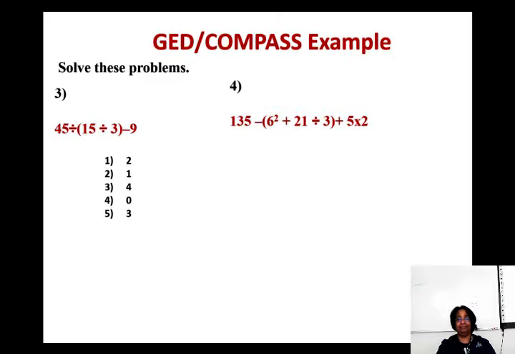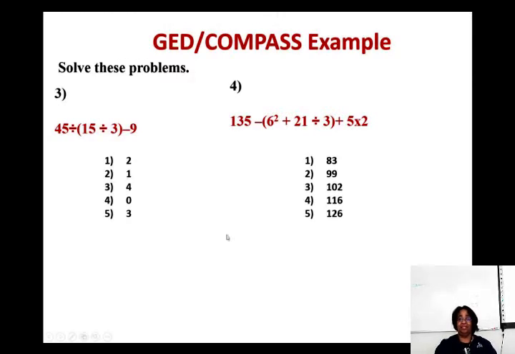Problem number 4, selection 4, right? 0, yeah. Because I get 5, and 5 divided by 5 is 9, and 9 minus 9 is 0. 0 is my answer. Okay, let's go ahead and go to 4. That's 6 squared.